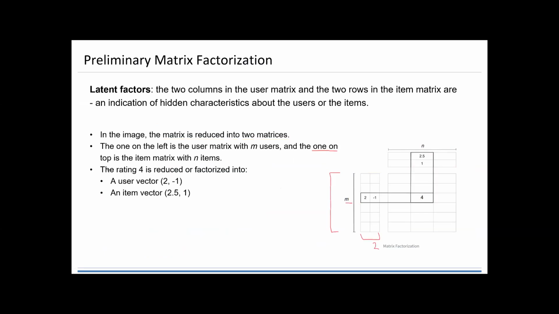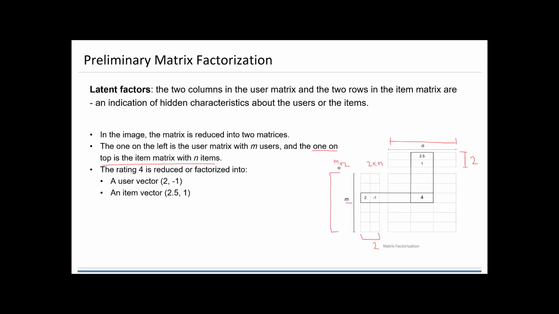The one on top is the item matrix with n items and two rows, so the matrix is 2 multiplied by n.